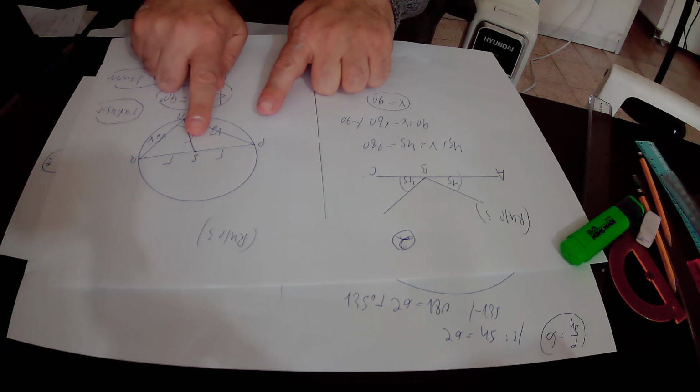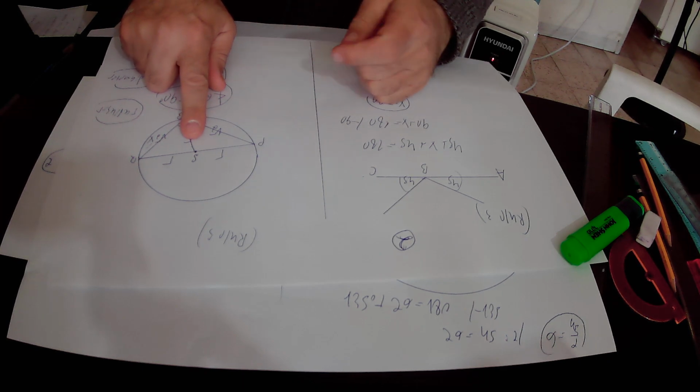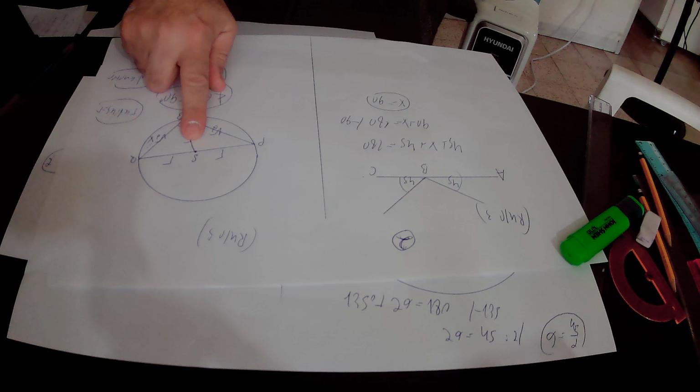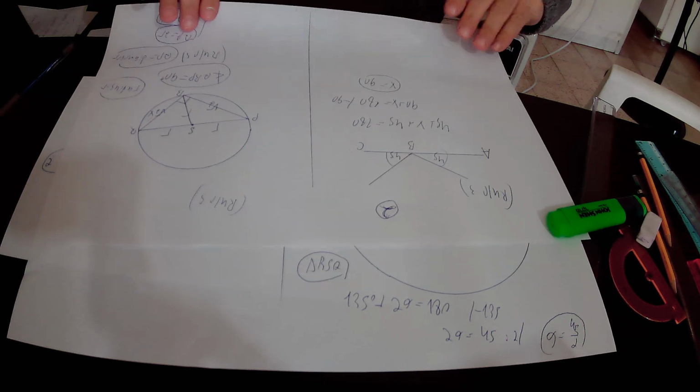So it is very easy to see that those two radii of the circle touch each other at point S, and therefore point S is the center of the circle.